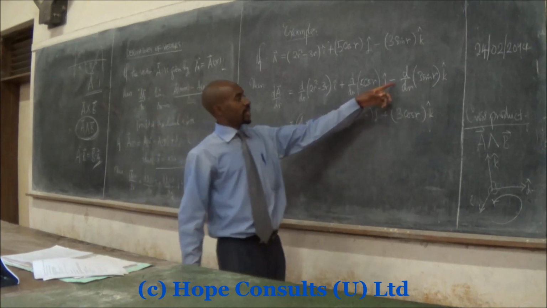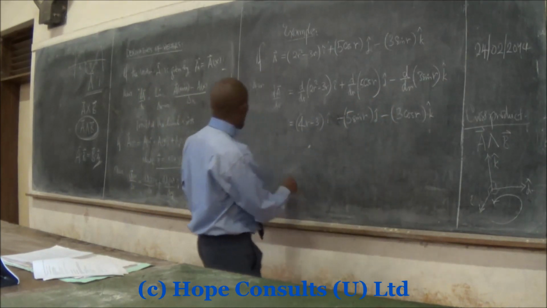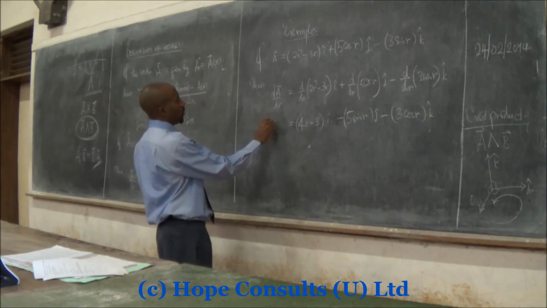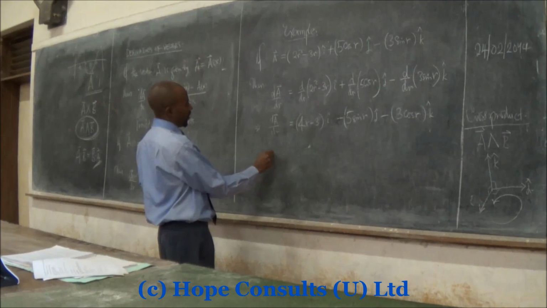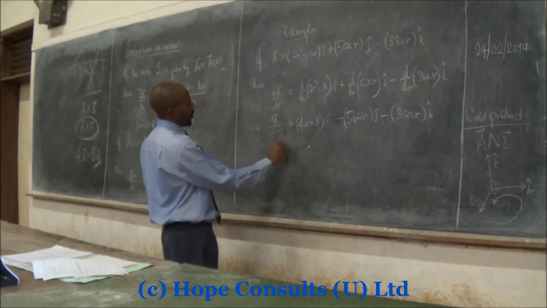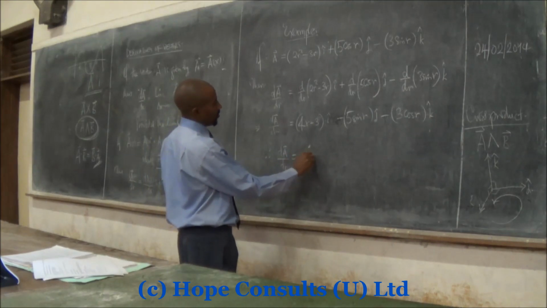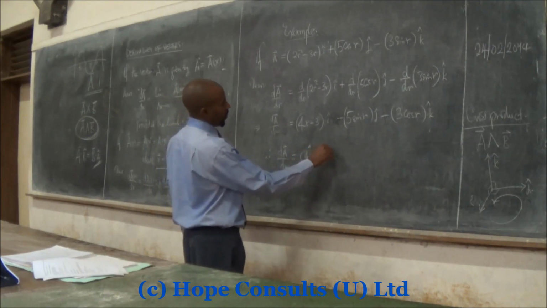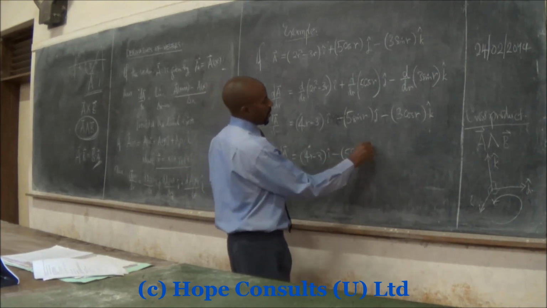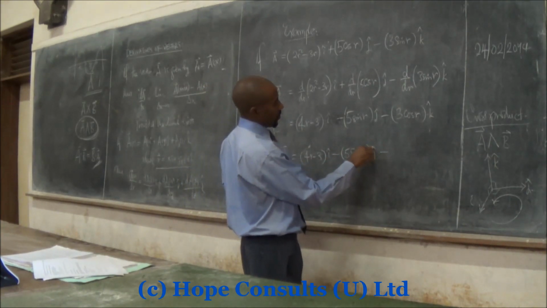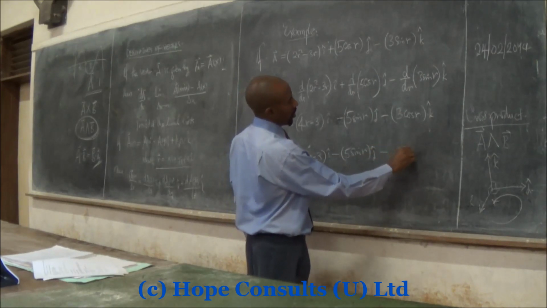Oh, there is a minus here, so we get a minus. Therefore dA dr is equal to 4r minus 3 i minus 5 sin r j minus 3 cos r k.